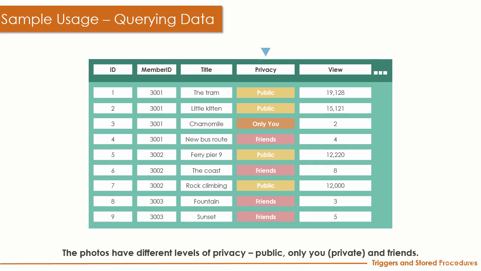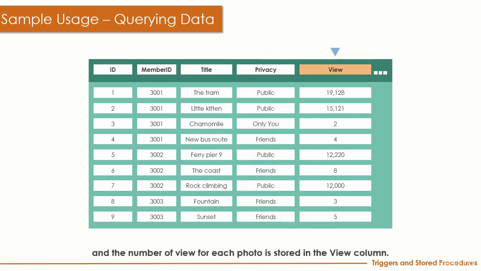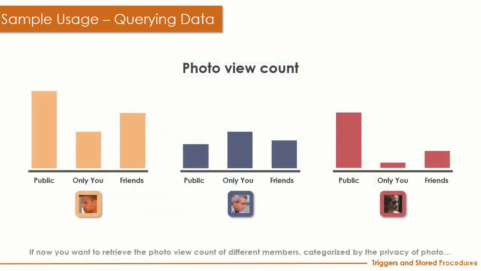Friends means someone in your circle or in your contact list can view your photo. And the third column is the view. This is the view count. Then imagine you want to produce a chart like that, showing member by member their view count of public photos, private photos, and friends photos.